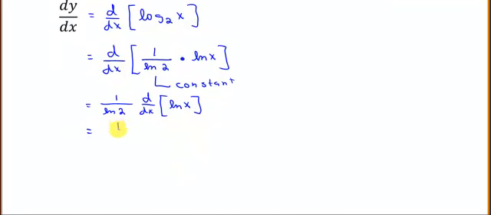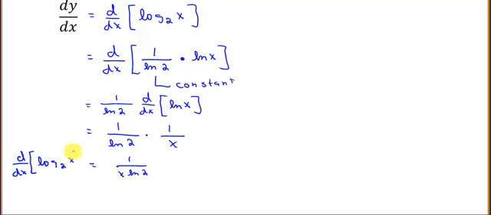So this becomes 1 over the natural log of 2 times 1 over x, or 1 over x times the natural log of 2. So the derivative with respect to x of the log base 2 of x is 1 over x times the natural log of 2.